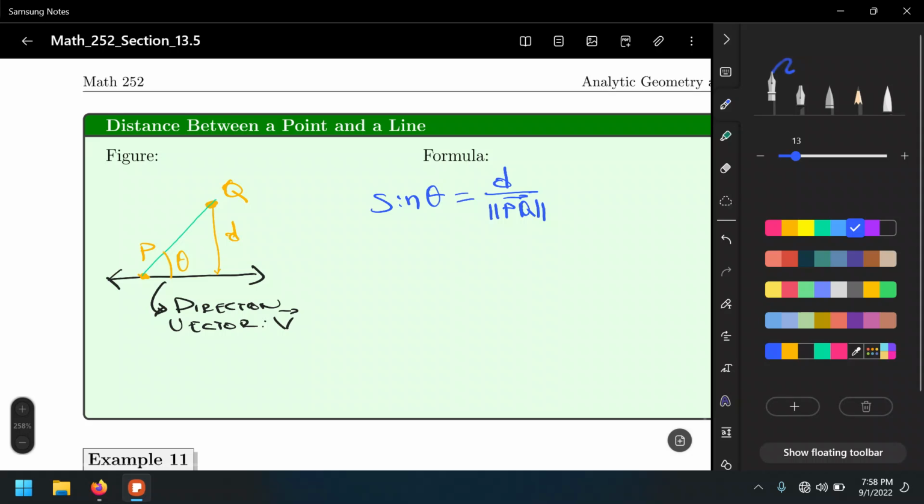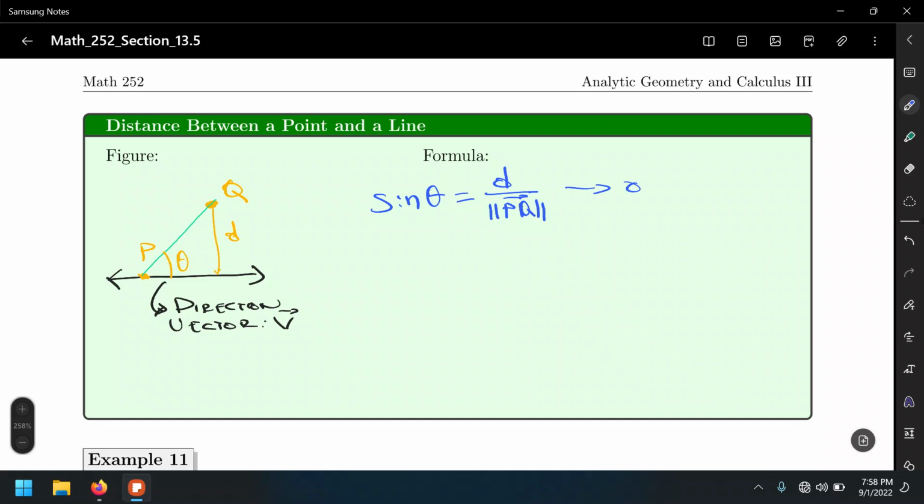How about we solve for that distance d in this case? That gives us d equals the magnitude of PQ times sine theta.